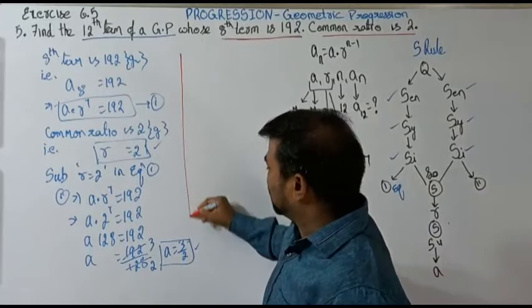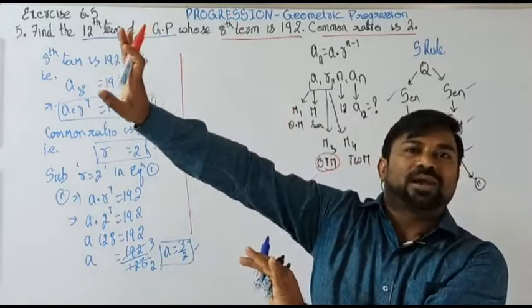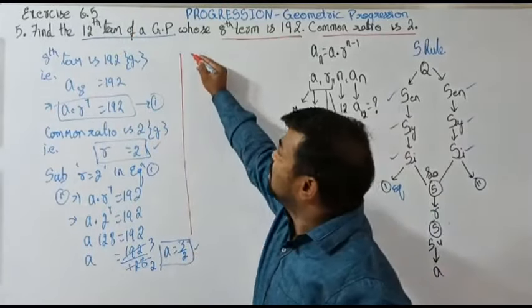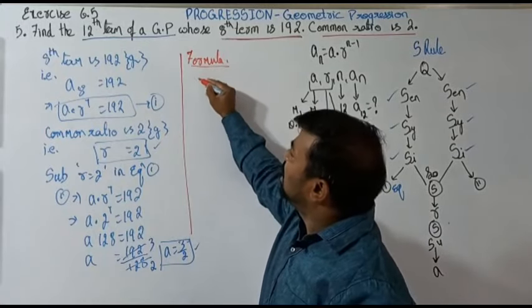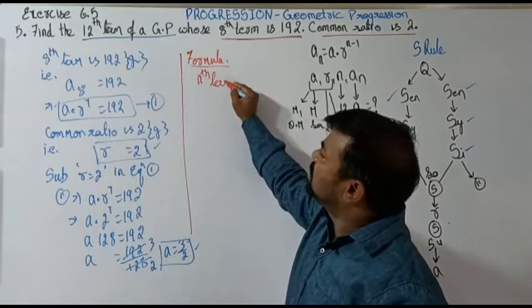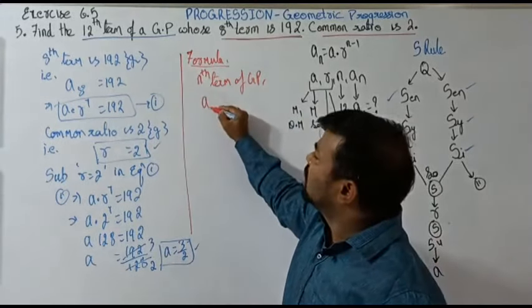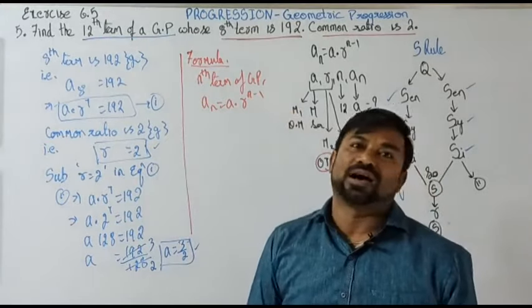Find the 12th term. As I said, to find any term, use the nth term formula. Of course, as it is a GP, use the nth term formula of GP: An is equal to A into R to the power n minus 1. This is the formula of GP.